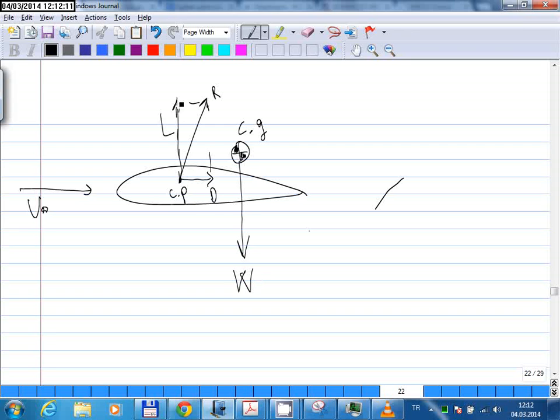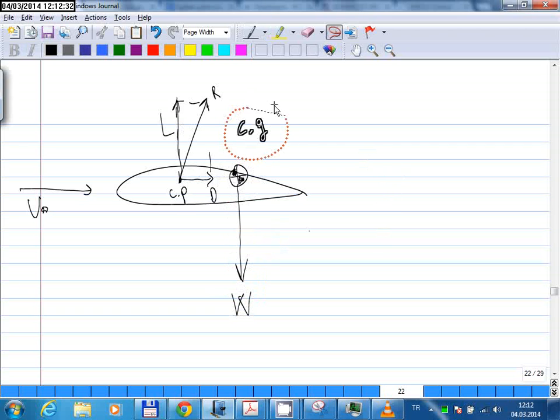But you have these lift and drag forces, and let's, for simplicity, slide this down a little bit so that the drag doesn't create a moment. So the drag force doesn't create a moment either because the moment arm is 0. But the lift force has some non-zero moment arm. And this will give you a pitch-up moment, right?